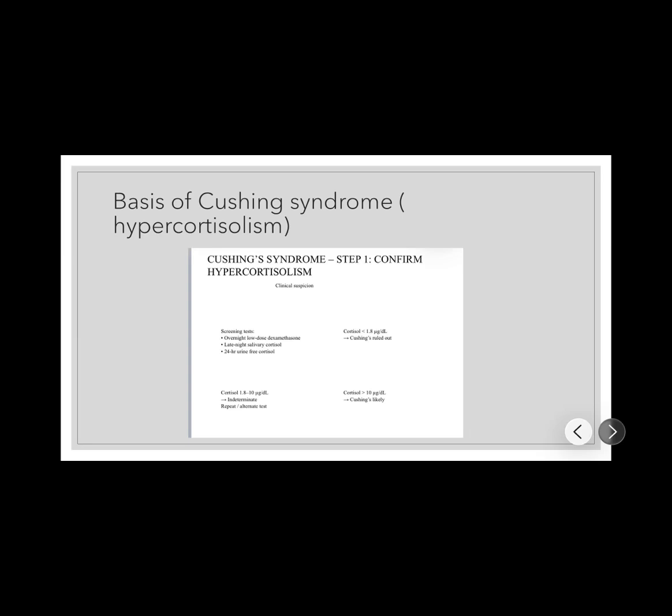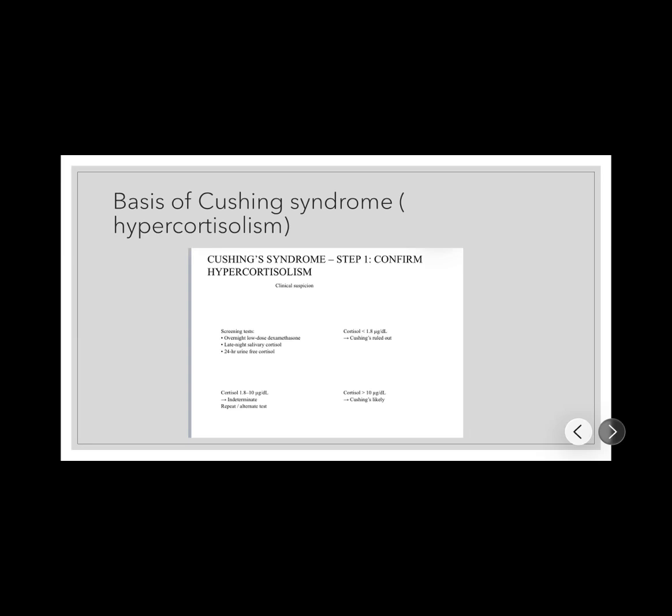Now you are going to get one of these. First is that the cortisol level drops to less than 1.8 microgram per deciliter. This means that there is no Cushing. Okay, the patient is normal. They are fat, whatever, but it is not Cushing. And then there is a value between 1.8 and 10 microgram per deciliter.